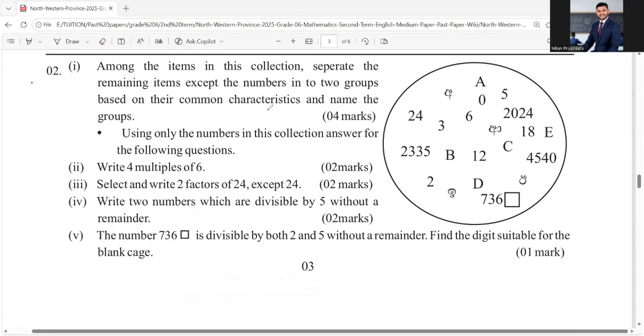Okay, in the second one, among the items in this collection, separate the remaining items except the numbers into two groups based on their common characteristics and name the groups, right?